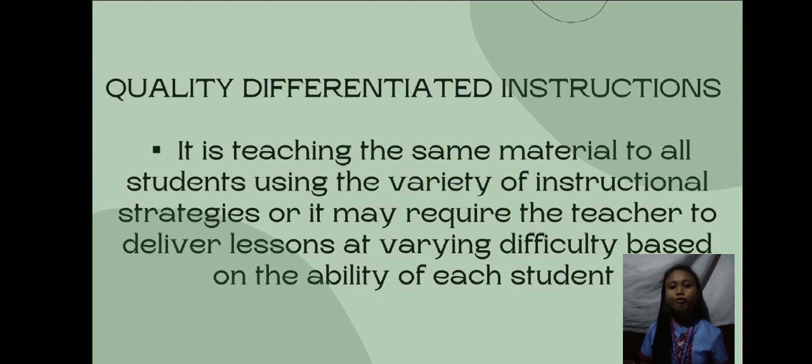So as a teacher, you have to be sensitive to those differences in making your instructional materials.